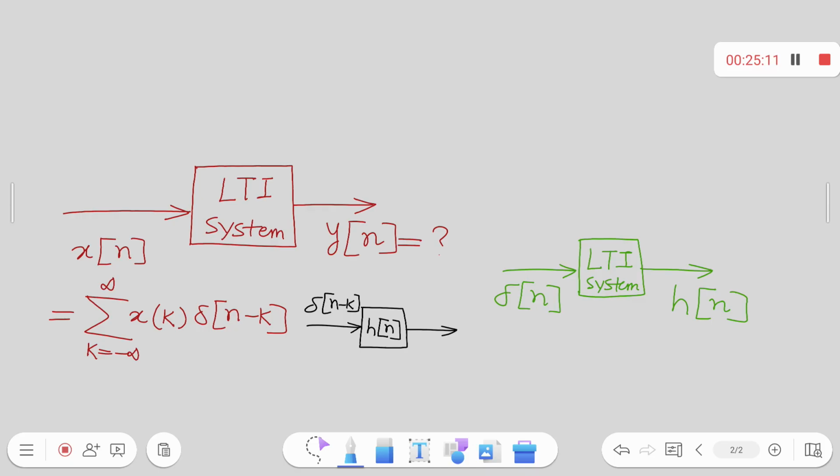Which property should you apply here? This is an LTI system. Out of these three properties, additivity, homogeneity, and time invariance, which property are you going to apply here? Because you know that if delta n is input, h of n is output. The time invariance property.